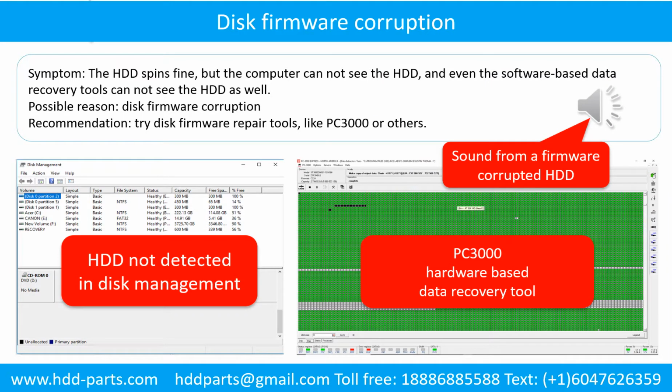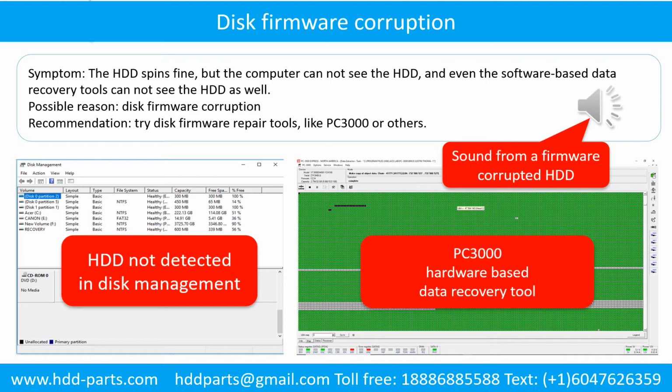Disk firmware corruption. Symptom: the hard drive spins fine, but the computer cannot see the hard drive, and even software-based data recovery tools cannot see the hard drive as well. Possible reason: disk firmware corruption.